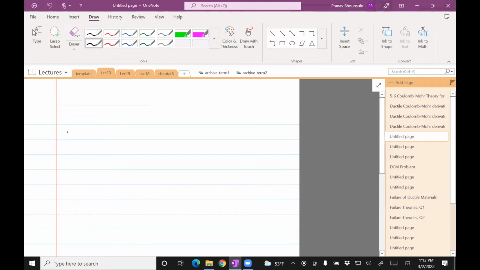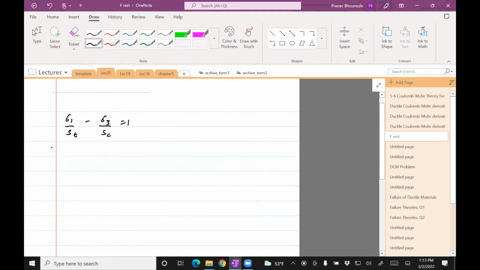So we have sigma 1 divided by ST minus sigma 3 divided by SC equals 1. Remember that sigma 1 is the maximum principal stress, sigma 3 is the minimum principal stress.